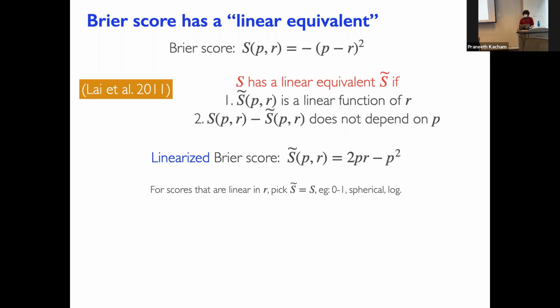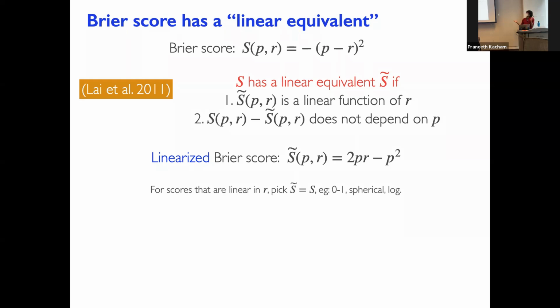For scores that are linear in R already, you can just pick S tilde equal to S. Like the 0-1 score, the spherical score, the log score, the other scores that I defined on the earlier slide, they're already linear in R. So you can just pick S tilde as S, and then S tilde minus S is 0, so it doesn't depend on P, and S tilde is a linear function of R. I'm writing the Brier score as an example because S tilde is actually different from S in this case, so it's nice to see.